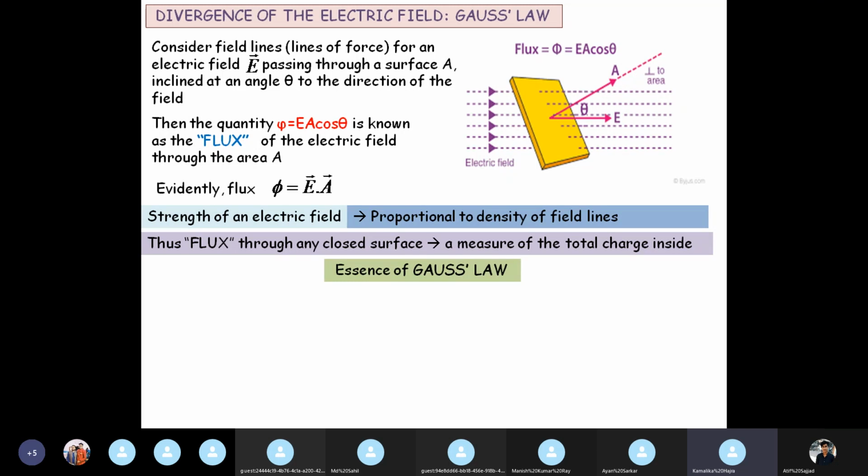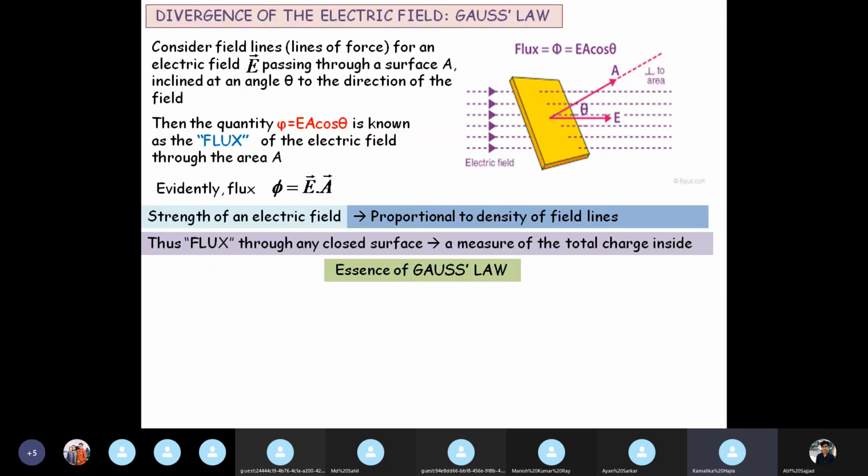This is the essence of Gauss's law. Gauss's law will tell you that the flux through a closed surface is a measure of the total charge inside. So what we can understand qualitatively, Gauss's law will give us a mathematical form to this understanding.